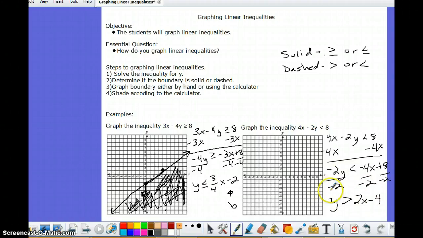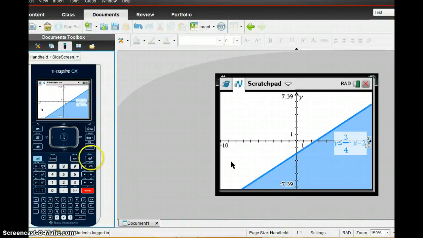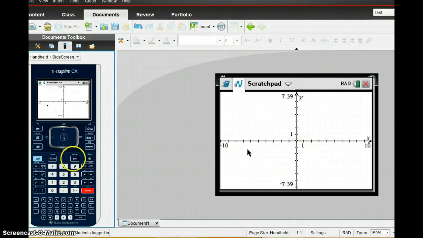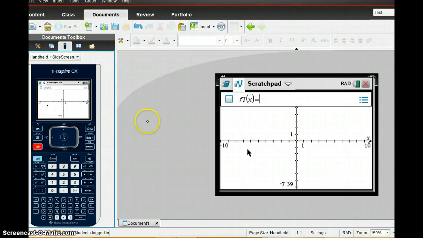Alright, so if I want to graph this by using the calculator but still get it over here. Alright, so we're going to go to the calculator. Just press delete on your calculator until it says, are you sure you want to delete everything? Yes, I do. Everything's gone. All right, so tab. If you want to graph it strictly using the calculator, you have to use the equation version first. So instead of dealing with the inequality, we're just going to deal with the equation, which would be the same thing, just 2x minus 4.